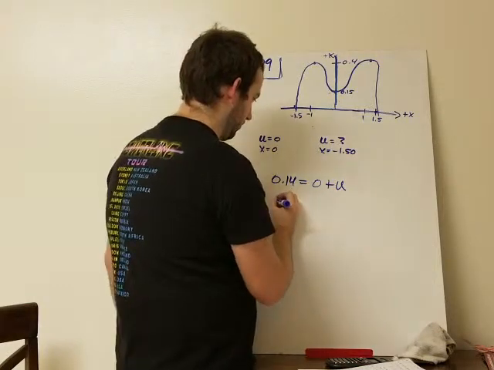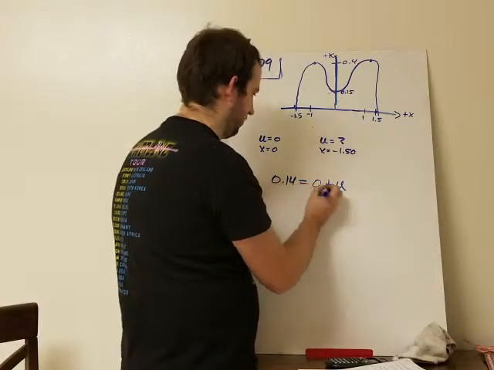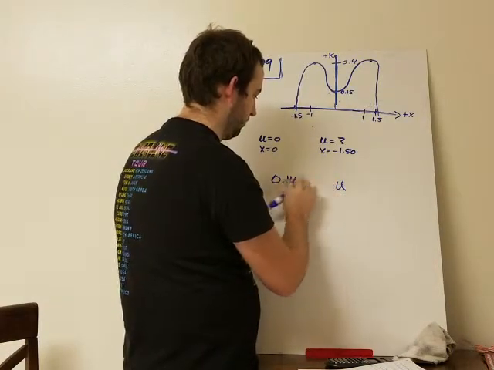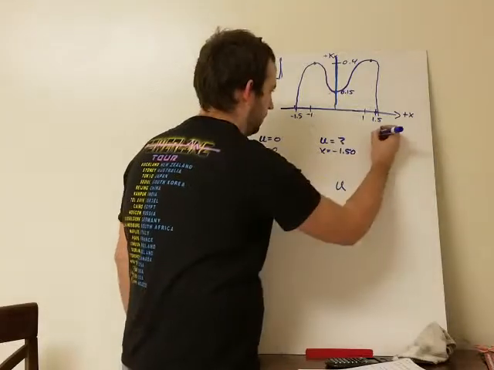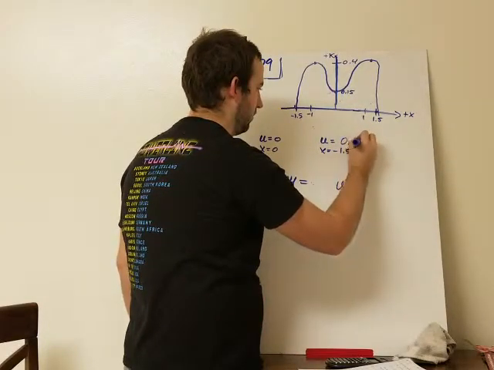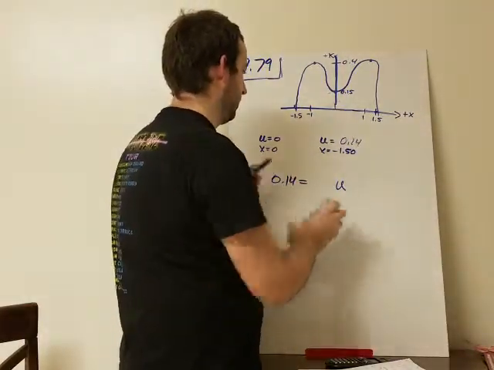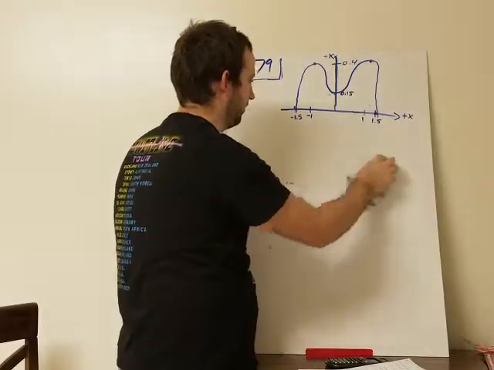So we get that U is equal to 0.14 at negative 1.5. So there's part B. Part C we went over with that graph.